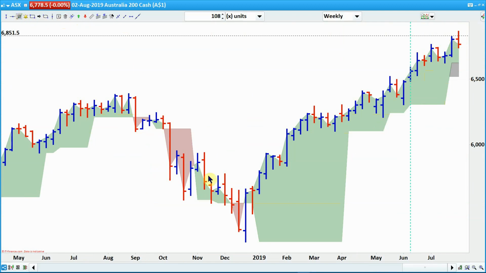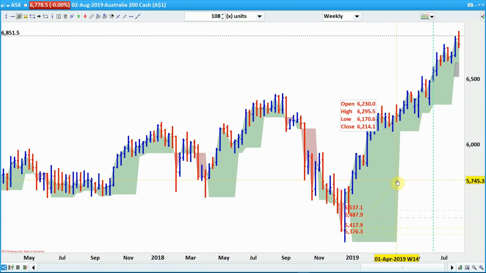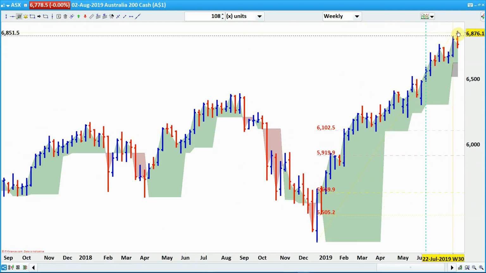So if we join the target from this point to this point with the Fibonacci to start with, then the first target can be 6,500, of course, because of the whole number. Then the next target, Pankaj, would be 6,107.5. That would be a good correction of this 2018 or 19 movement.